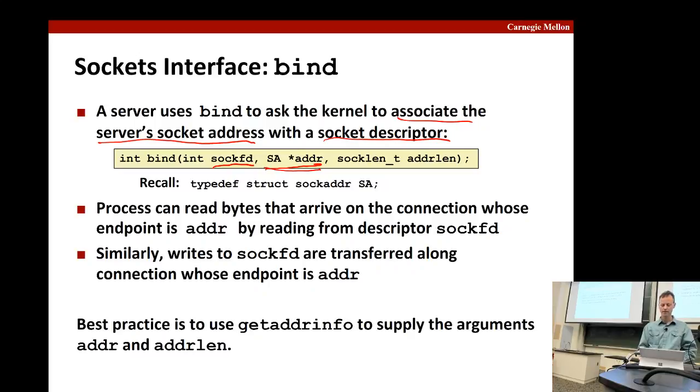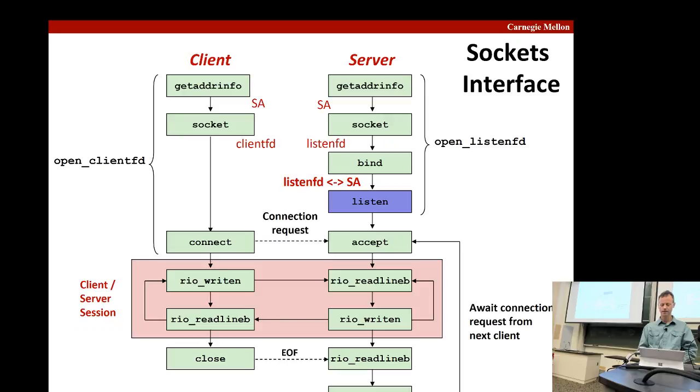And again, if you use getaddrinfo, then you can get the arguments you need for this call in a protocol generic way. All right, so now we've got this mapping. We know that this file descriptor is associated with this server's socket address.